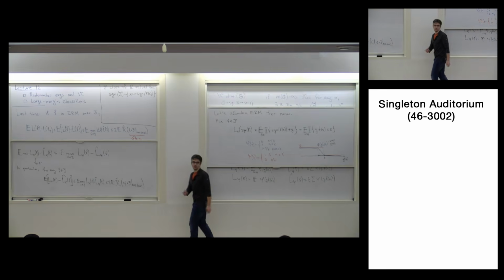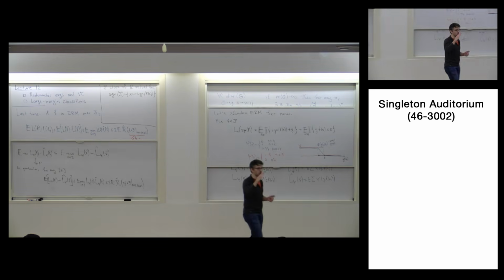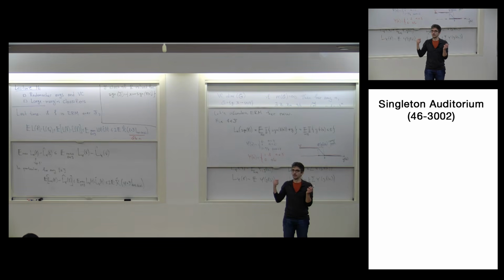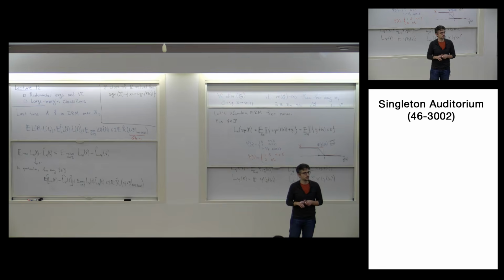Now, if you remember contraction, it says that if I have a 1-Lipschitz function, I can remove it. What if I have an L-Lipschitz function? Then I can remove that constant L and get L times the Rademacher averages of the original class.